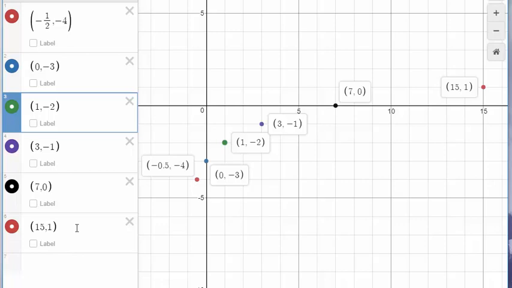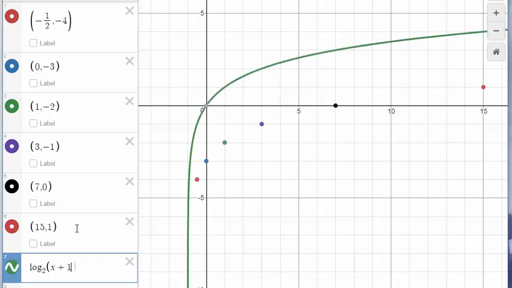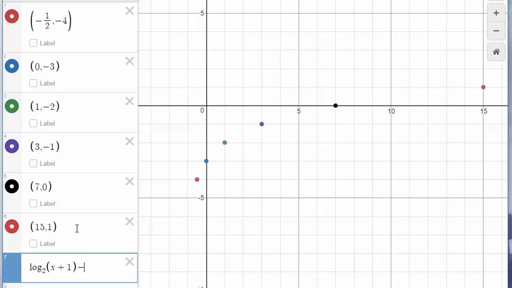So what I will do now is graph the actual function for you, log with base 2 of x plus 1, and I subtract from here the number 3.